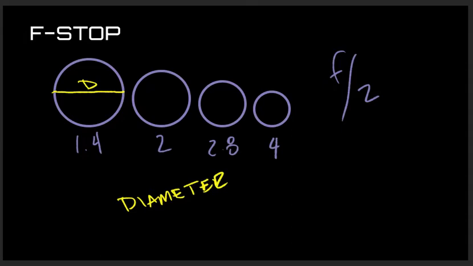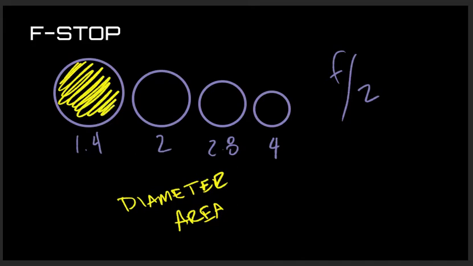Now, the other thing we need to know is the area. So we have to have the area of a circle. I'm not going to ask you to do all this math, just try to understand the concept. So the area will be all this space. Same thing here, looking at the area of that opening.